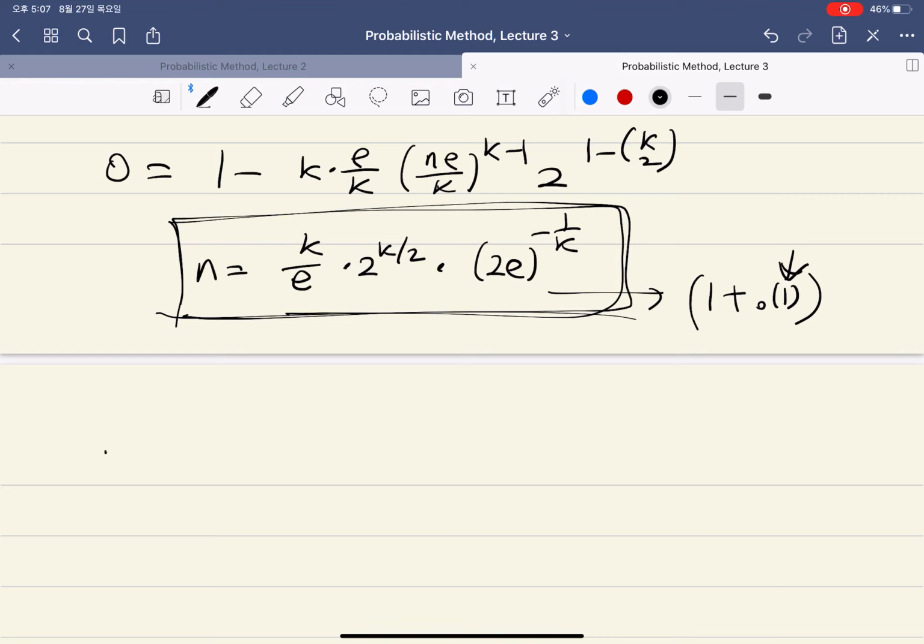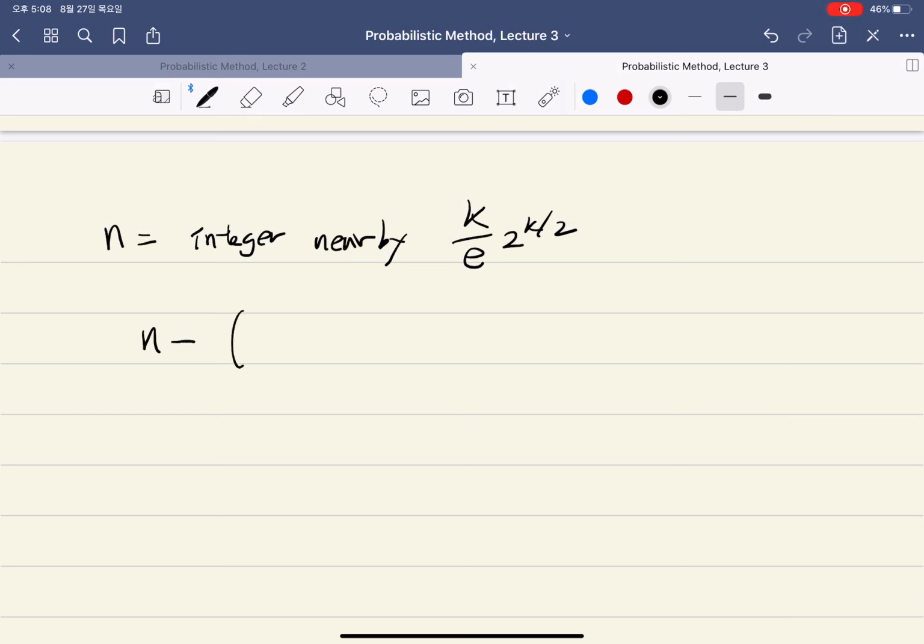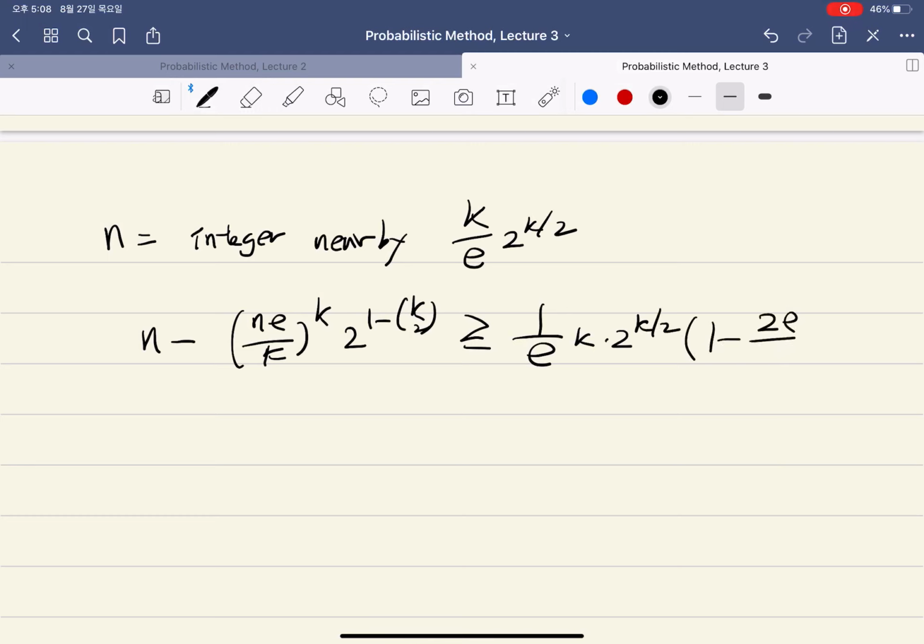So we let n be an integer nearby, just ignoring this, then what do we have? This is 1 over e times k times 2 to the k over 2, times 1 minus 2e over k.